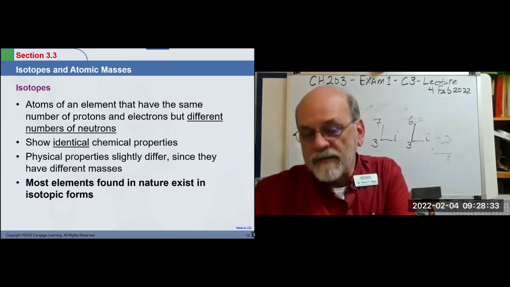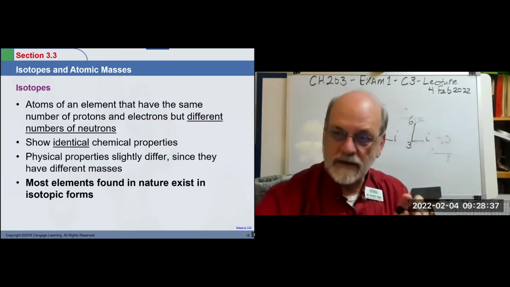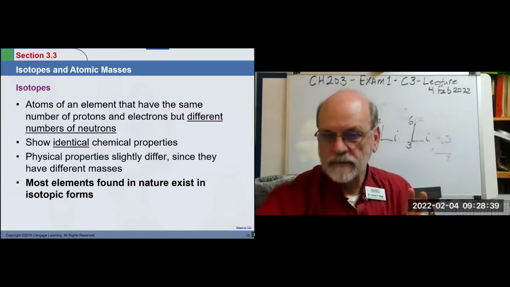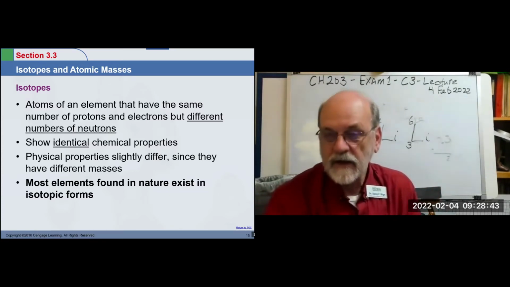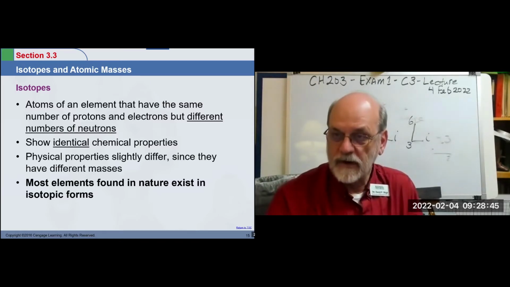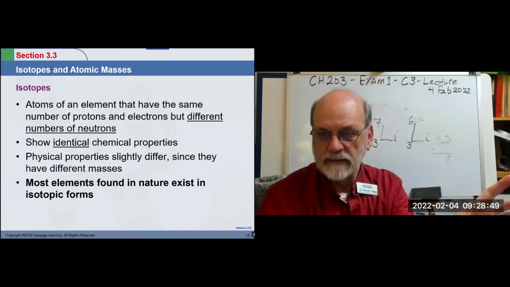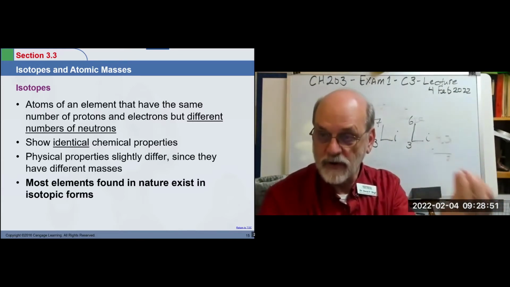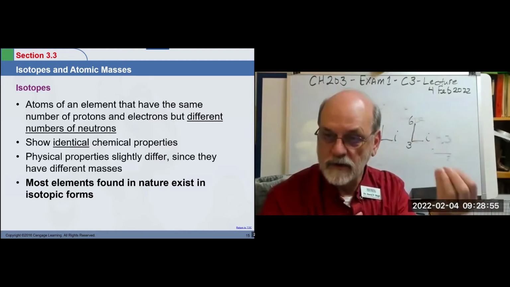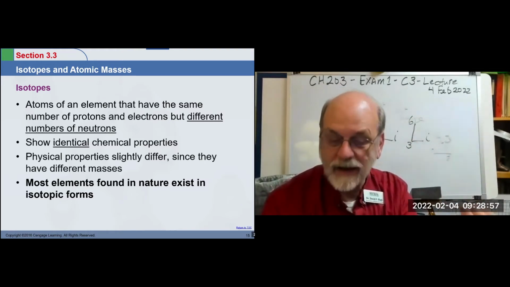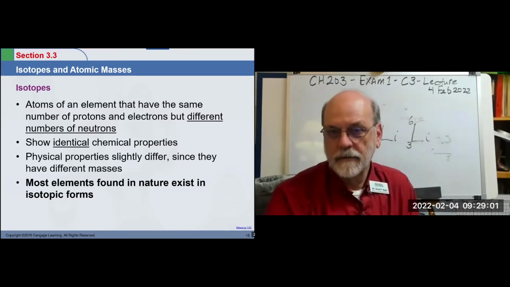Now, there are two ways that you can get a single isotope of an element gathered together in one place. You can use the mass spectrometer, and when it separates those isotopes, you collect them. And then you can have a pure single isotope of that one element. The other way is to make them.